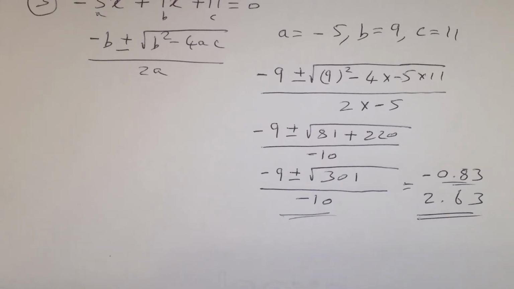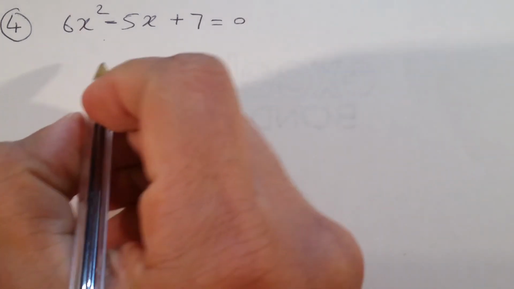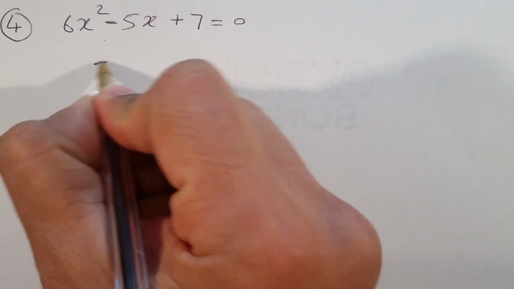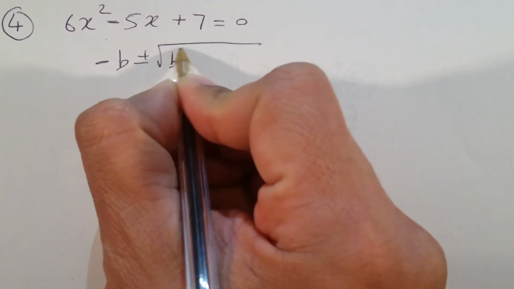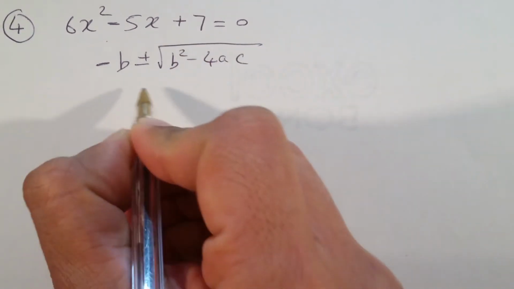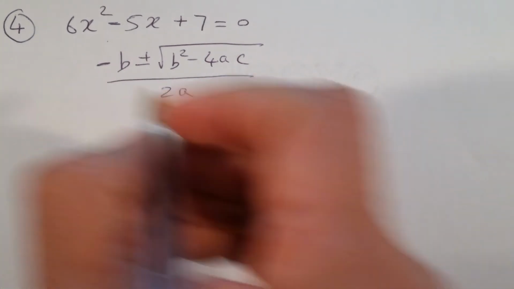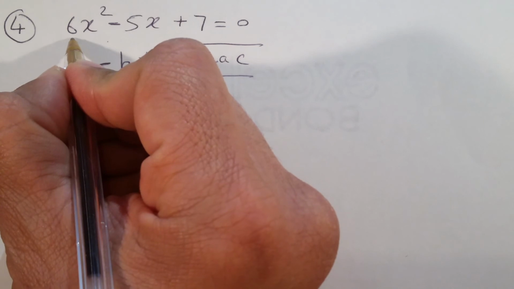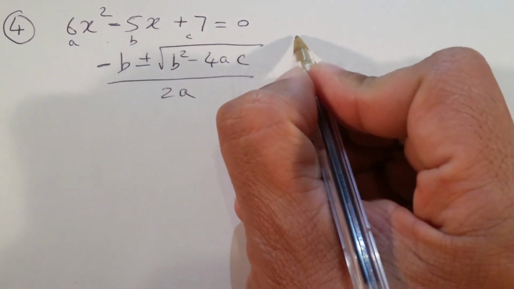Let's move on to the last one now. This is the fourth and final question: 6x squared minus 5x plus 7 equals 0. So let's start. The formula is minus b plus minus root b squared minus 4ac, whole over 2a. So what is our a, b, and c?